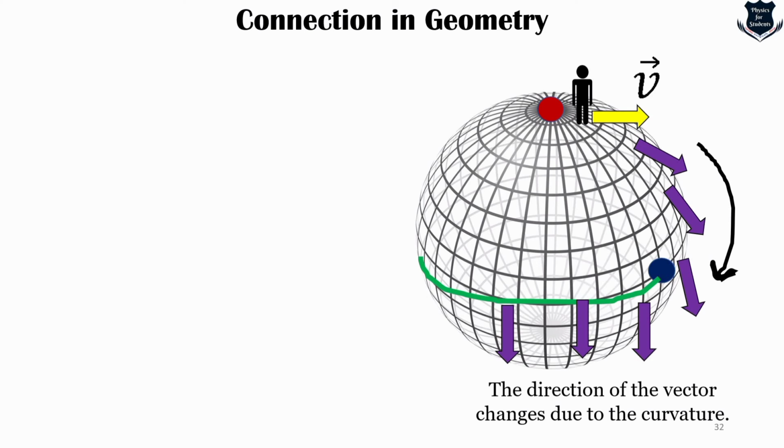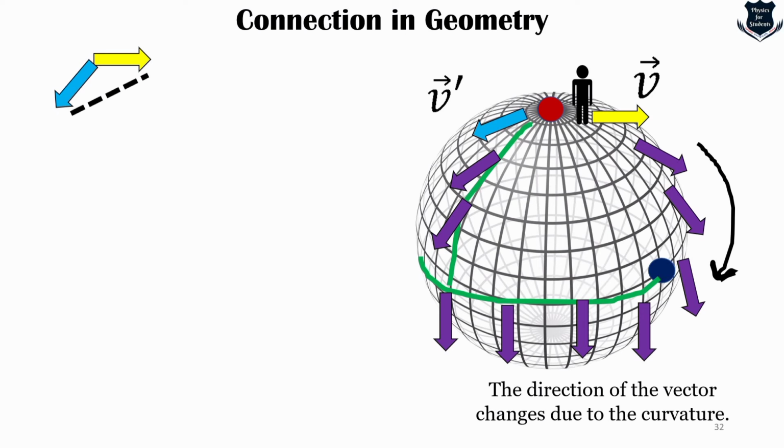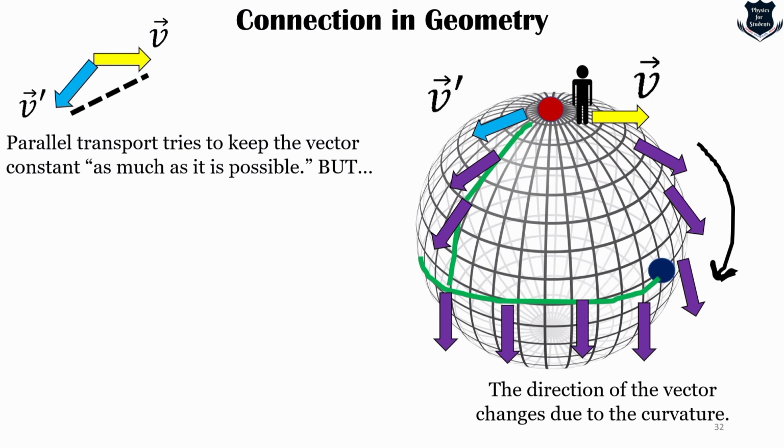We are trying to keep it as straight as possible. So here, the direction of the vector changes due to the curvature. And then from here we try to move back to our original place, right? We keep it as straight as possible here also. But when we come back, it is V prime, which is totally different in direction from where we started. That's the yellow vector. So when we compare this yellow vector and this one, we find there's a difference, V and V prime.